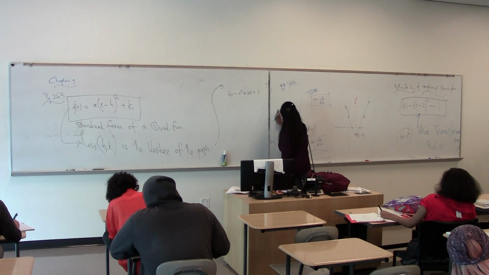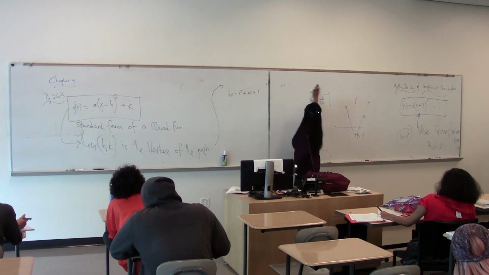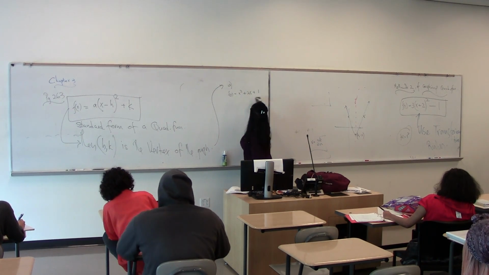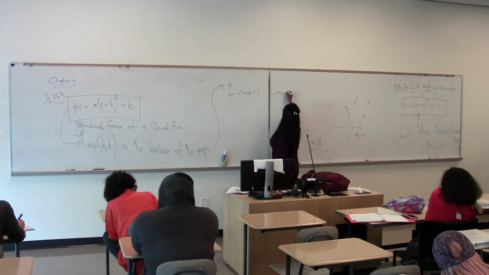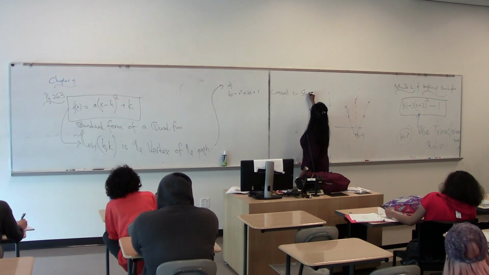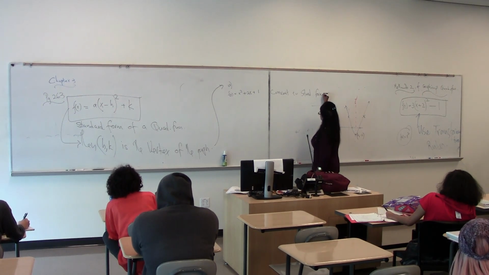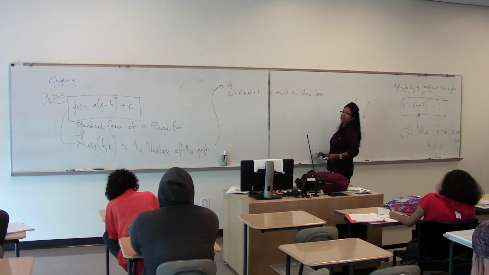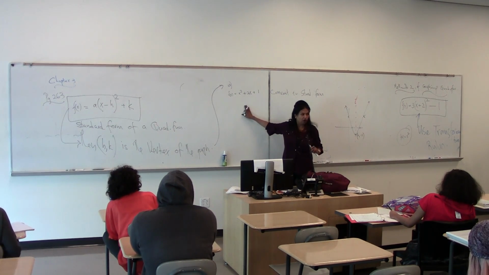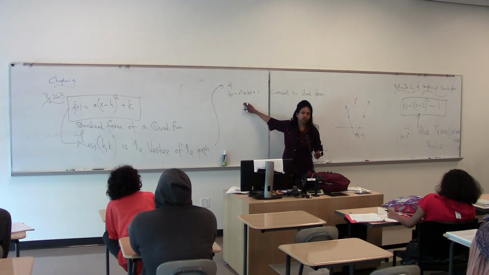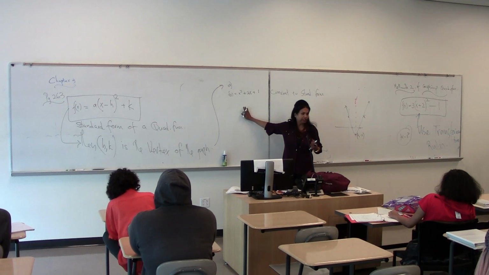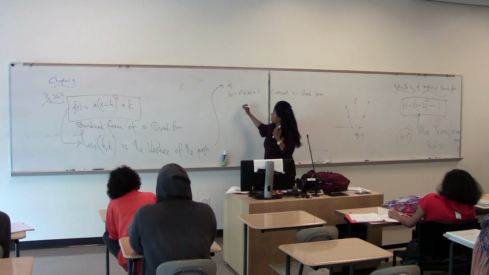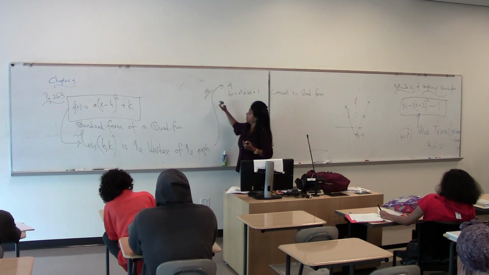I'm going to ask you to convert this to standard form. You're given the quadratic function, and we need to write this in terms of what? Standard form, and find the vertex. I'm not asking you to graph first; algebraically find the vertex. First you need to convert to standard form. This is also a test question. So how will you do this?